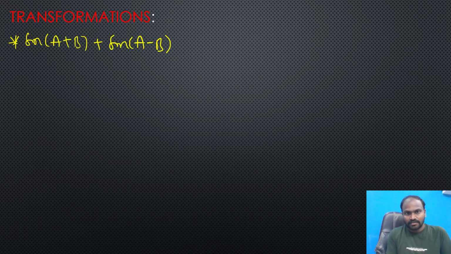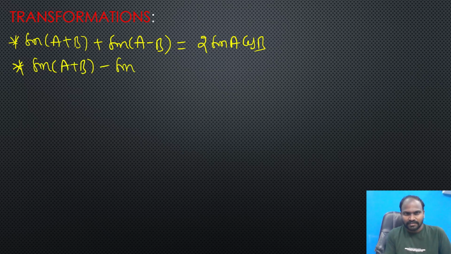Now transformations. We have the sin of a plus b plus sin of a minus b formula, right? What is the formula? 2 sin a cos b. Next, sin of a plus b minus sin of a minus b formula. What is the formula? 2 cos a sin b.